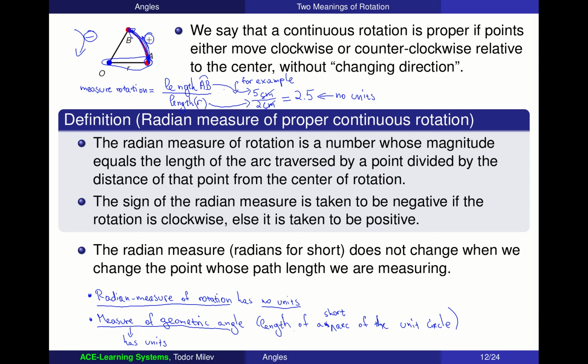So if you hear the discussion of whether rotations or degrees have units, the answer is they both do and they don't. If we use angles to measure rotations, you cannot speak of units.